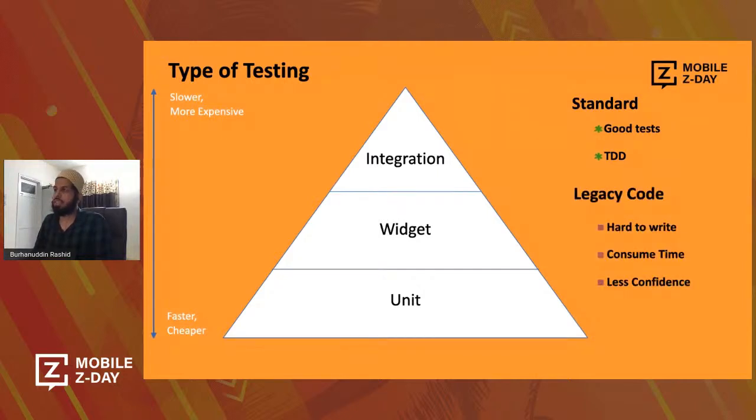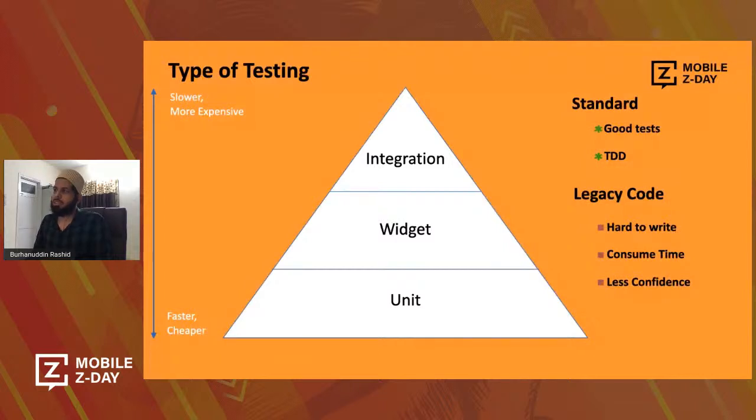But if you are working with legacy code which doesn't have any tests, then writing more unit tests is very hard and very time consuming because your app is not structured in a way that you can write unit tests for it. And it also provides less confidence because you may be able to write a unit test for 1 plus 1 equals 2, but you are not sure it will be integrated properly in a calculator app if you press 1 plus 2 equals 3.